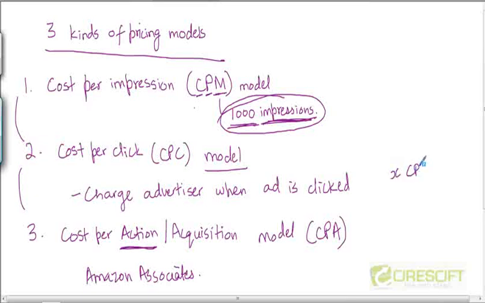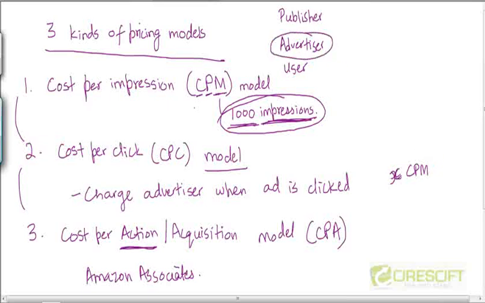Note that there are three players involved here. There's the publisher who owns the website where the ad will be posted. There is the advertiser who is the seller who wants to post an advertisement on the publisher's page. And then there's the user who is basically browsing the web and coming to the website of the publisher and clicking on the ad and so on.